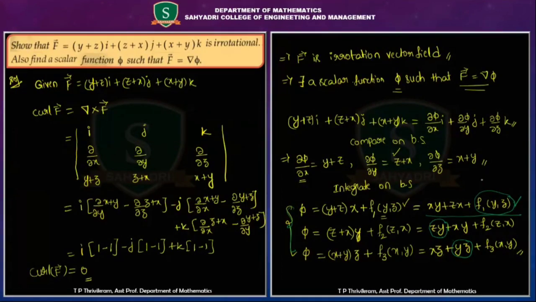Similarly, to get the remaining two, that means the f2 value and f3 value. So to get this value, what I did is, except this equation, I have compared the zx function in the remaining two equations. So zx is there here and zx is there here.